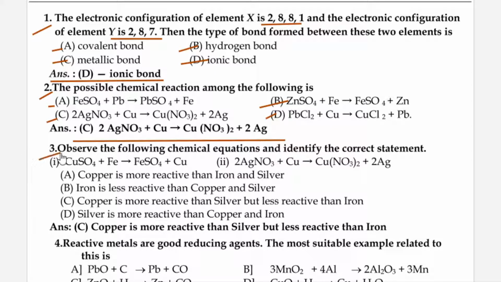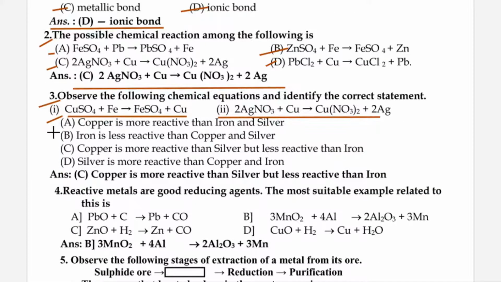Question number 3. Observe the following chemical equations and identify the correct statement. We can see two chemical equations here. The first one is CuSO4 plus Fe gives FeSO4 plus Cu. And another one we can see here, 2AgNO3 plus Cu gives Cu(NO3)2 plus 2Ag. Let us see the options.